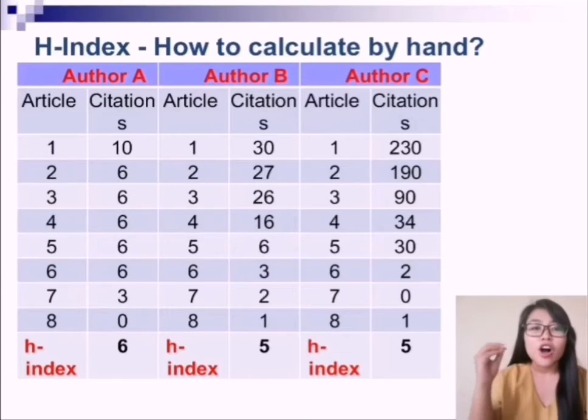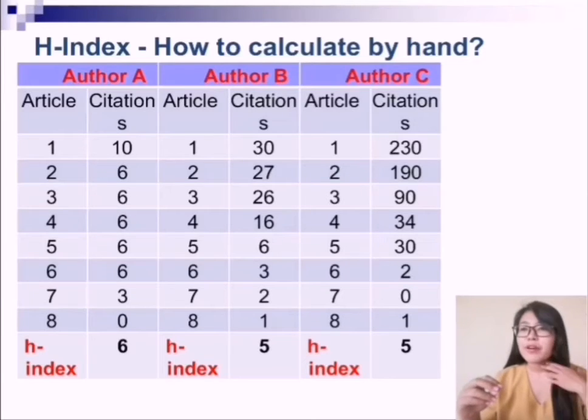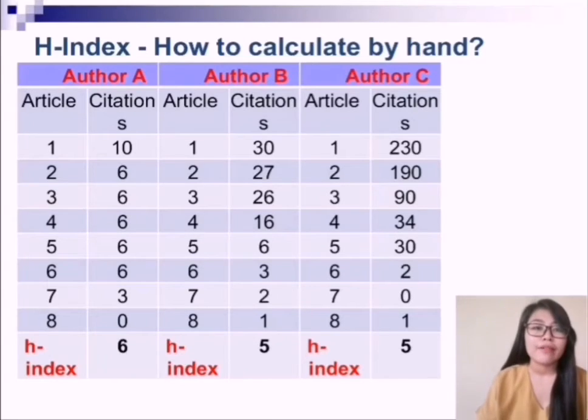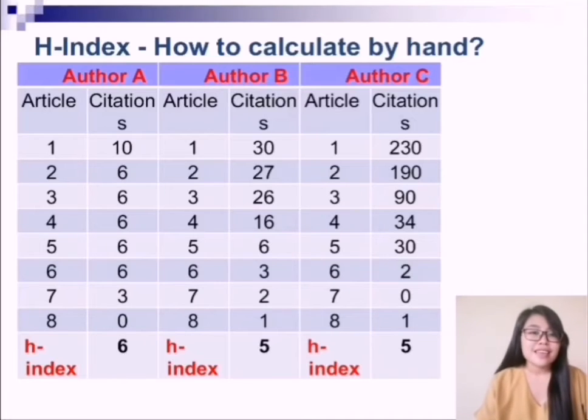Counting all those that received more than the number of published papers, we have 1, 2, 3, 4, 5, 6. Therefore, the H-index of author A is 6.